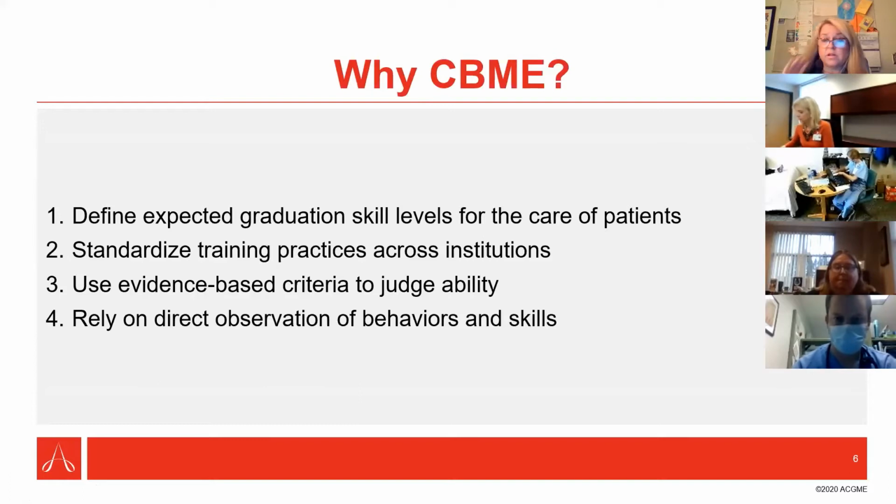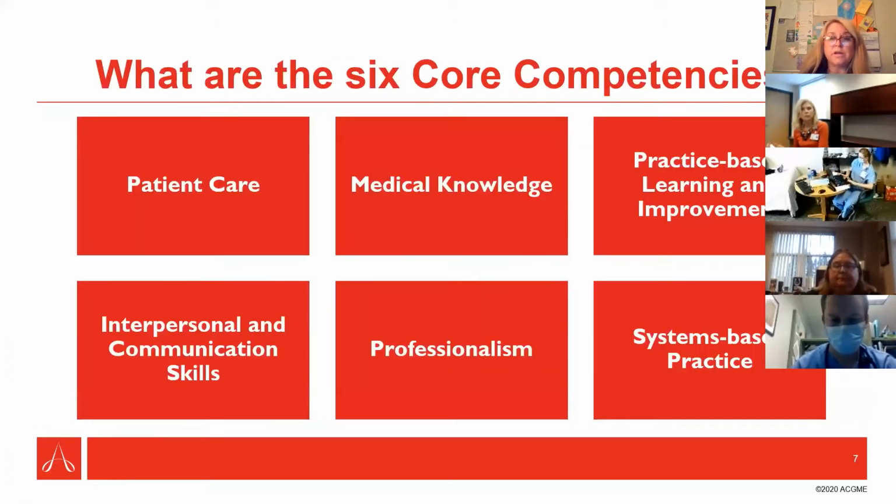All right. And then also there's more direct observation of behaviors and skills as opposed to tests or metrics that way. All right, so all residencies have the 6 core competencies, and I think most people are at least remotely familiar with this: patient care, medical knowledge, practice-based learning and improvement, interpersonal and communication skills, professionalism, and systems-based practice.